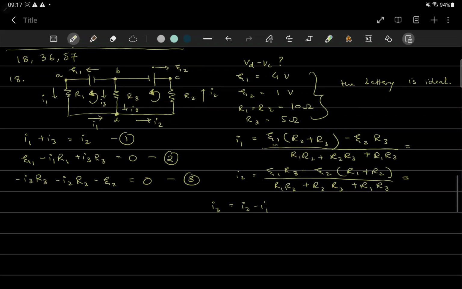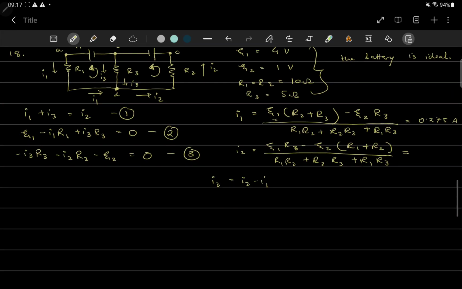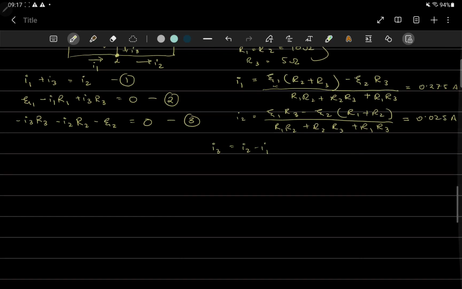Finally, you will get 0.275 amperes for I1, and for I2 0.025 amperes. And since you can use these two expressions, you will get I3 as 0.025 minus 0.275, and this is equal to minus 0.250 amperes.